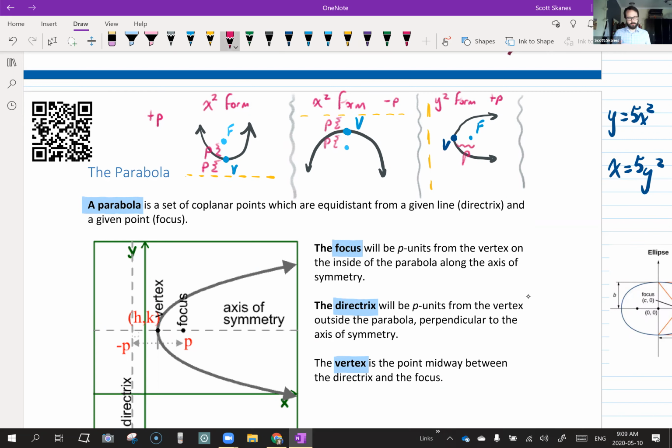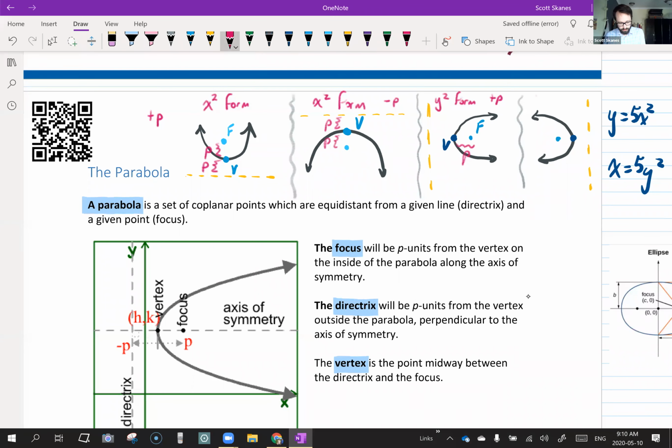Finally, you could probably imagine what I'm going to do next. I'm going to move the parabola this way, and we can label it again with the focus inside, the vertex at the maximum or minimum point, the tip there, and then the directrix an equal distance away.